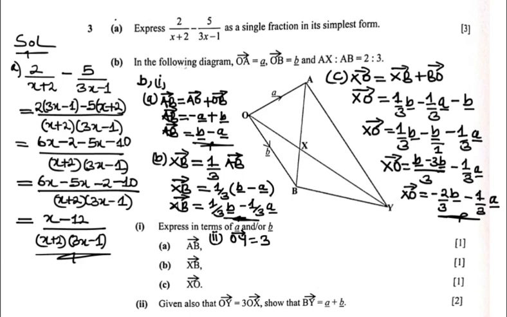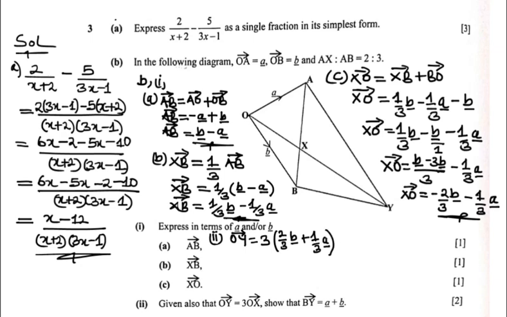So OY vector is equal to 3 times, so this will give us positive 2b vector over 3 plus 1 over 3 a vector. So it is the negative of XO vector. In brackets, 2 over 3 b vector, then plus 1 over 3 a vector.